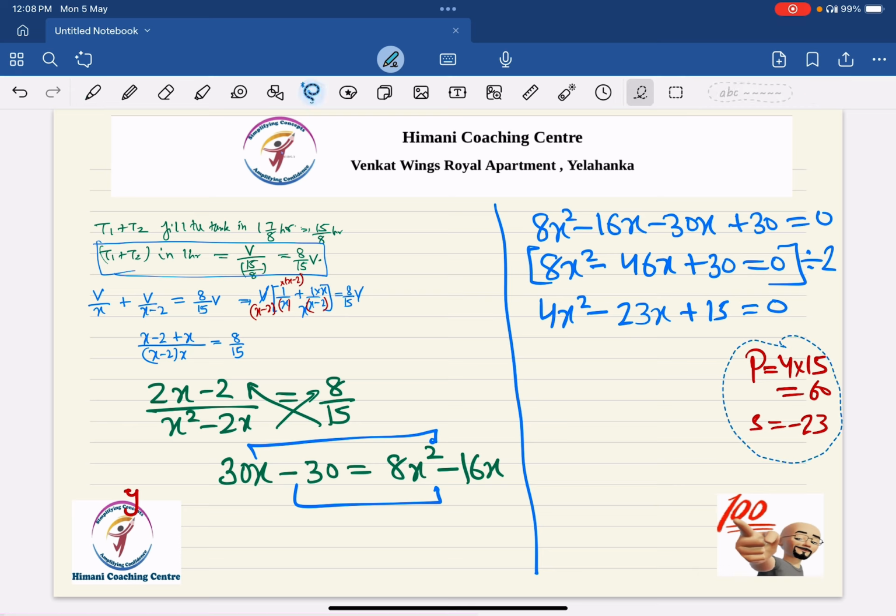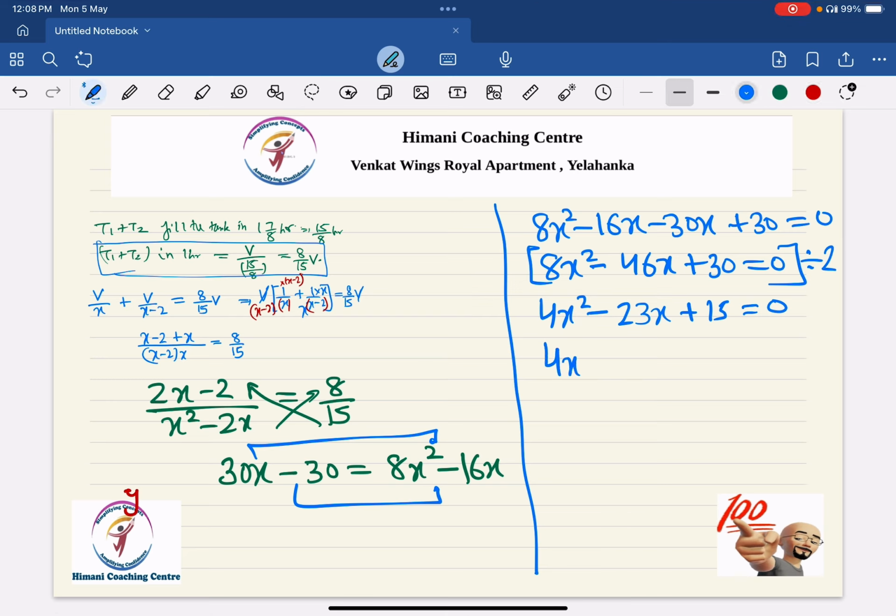Okay, so we can just do that and write this as 4x square minus 20x minus 3x plus 15 equals 0. Take 4x common from these two, so we have got x minus 5 here, and then we take minus 3 common and we get another x minus 5 here.